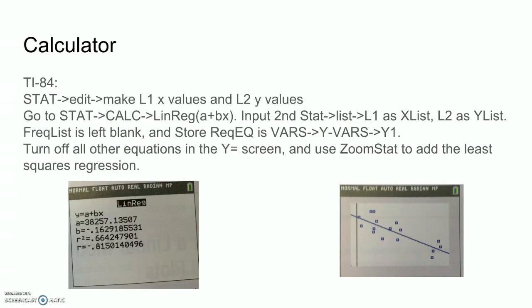Input second stat list L1 as x list, and then L2 as y list. Leave the frequency list blank, and store the regression equation in vars Y1. Turn off all other equations in the y equals screen, and use ZoomStat to add the least squares regression line.